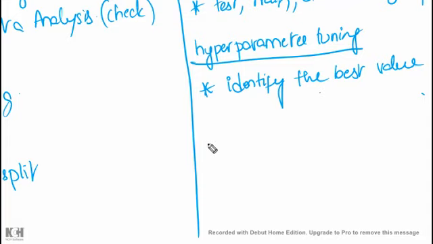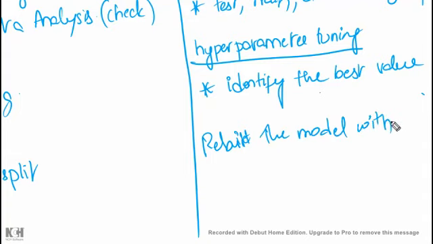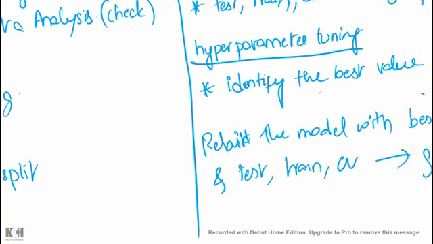Once it is done, rebuild the model with the best hyperparameters, calculate the test, train, and CV scores, and decide whether it is good or bad.